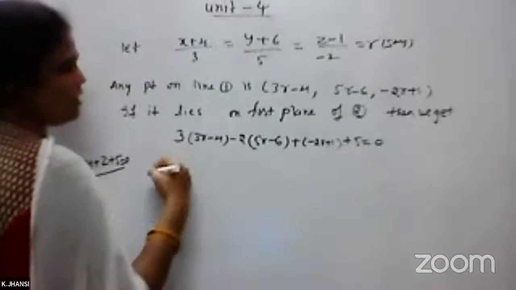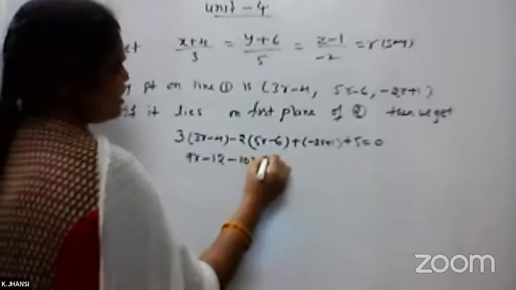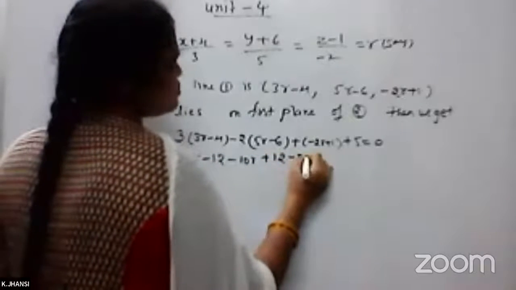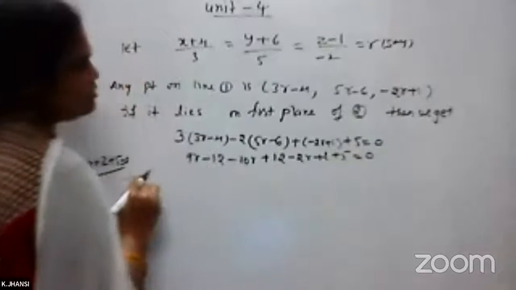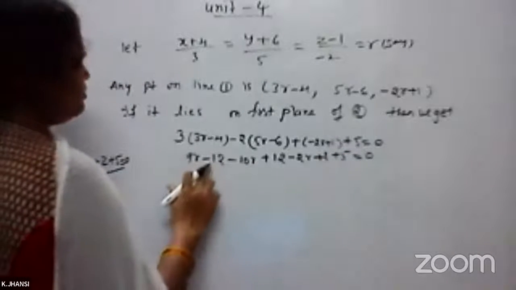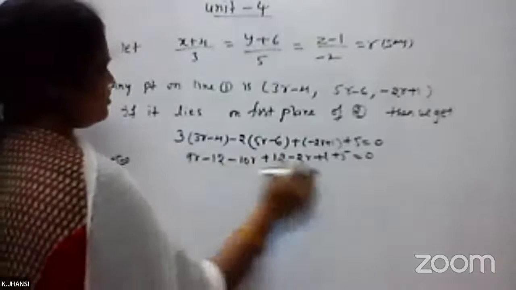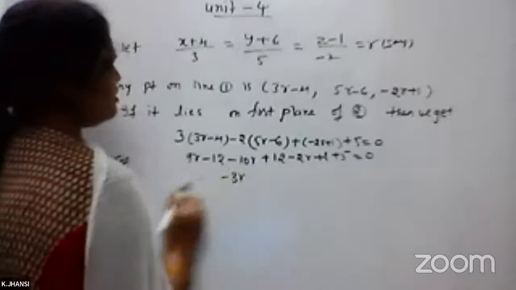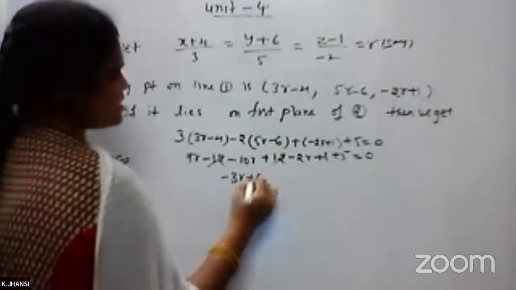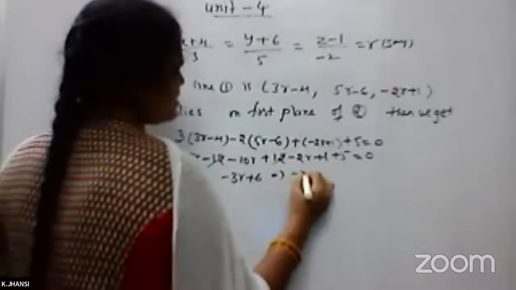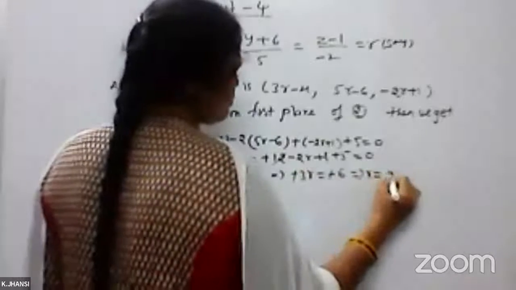Okay, now you multiply this and simplify. 9r - 12 + 10r + 12 + 2r + 1 + 5 = 0. So 21r + 6 = 0, which implies r = -6/21.